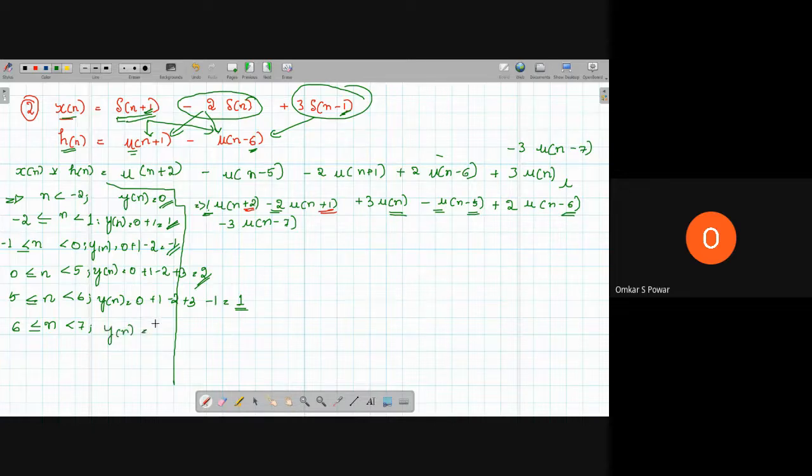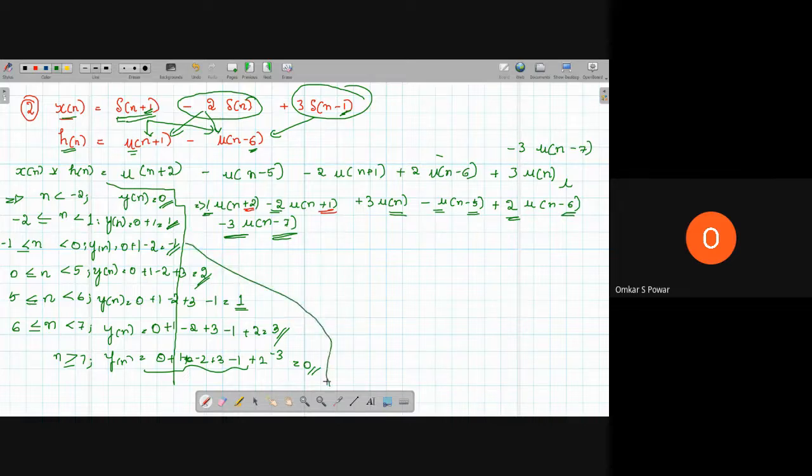Y of n is equal to 0 plus 1 minus 2 plus 3 minus 1 and plus 2, which is equal to 3. Now what is remaining? N is greater than or equal to 7. So your y of n again 0, 1, 2, 3, 1, 2 and minus 3. So these will be the previous value only, 3 minus 3, which is equal to 0.